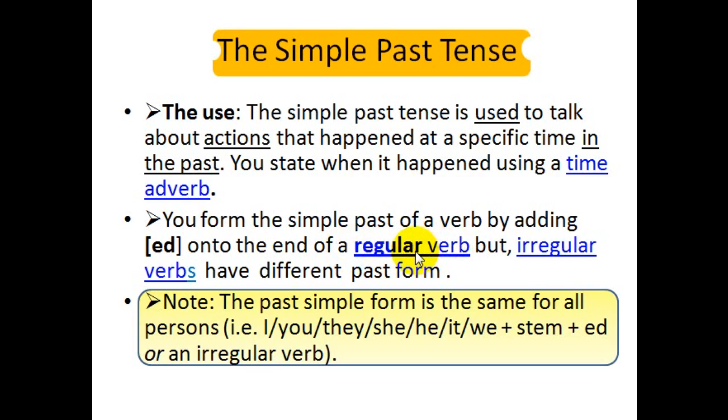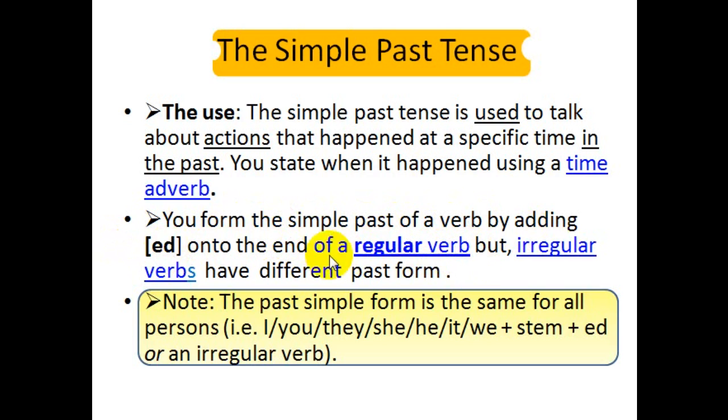Regular verbs, this is number one. Number two, irregular verbs. So what do we mean by regular verbs? We call them regular verbs because they follow the rule. What is the rule? The rule is a stem, the verb, plus ed. This is the rule.